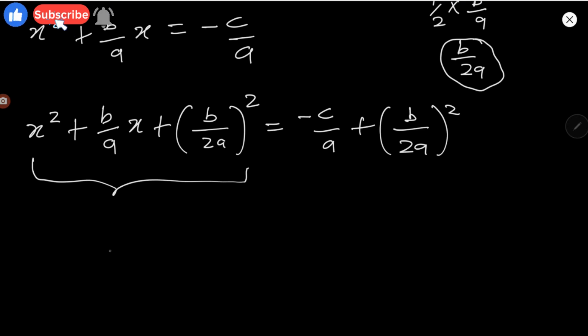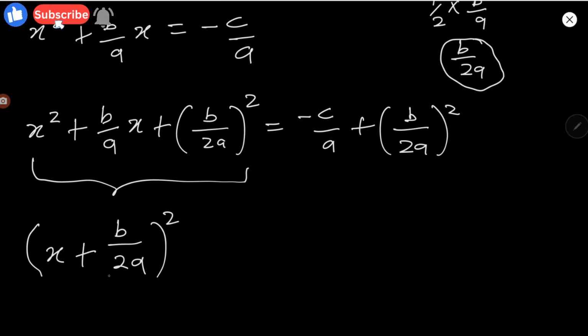So how do we factorize? The easiest way, you look at the squared term that is at the beginning here and take its root. So we're going to say open brackets, the square root of x squared is x plus the square root of this quantity is the expression that we have inside, which is b over 2a, and we square.